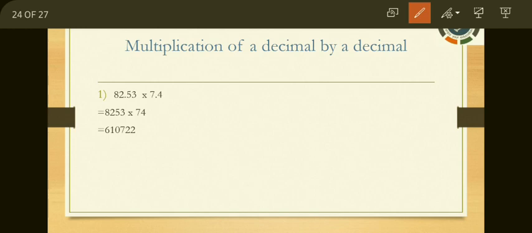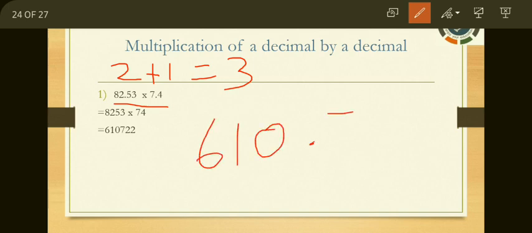Now look at the question. How many digits are there after the decimal point? The first number has 2 digits, the next one has 1 digit. So totally how many digits? Totally 3 digits. Now mark the decimal point after 3 digits from the right. So 610.722.